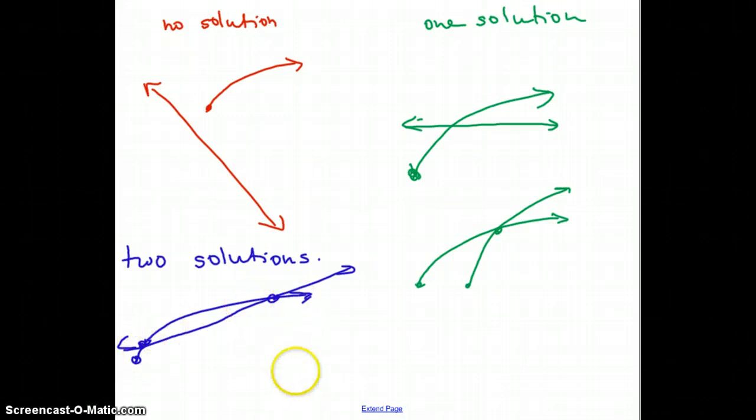So you can have something like this, or you can also have a radical function that starts here and maybe it goes up, and then eventually they would intersect, something like that. So it's definitely possible to have two solutions, no solution, or one solution.